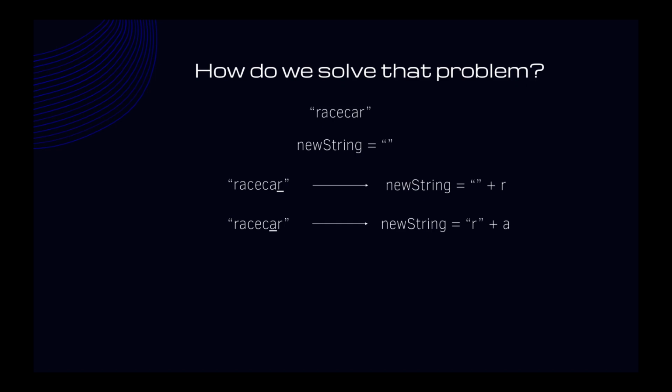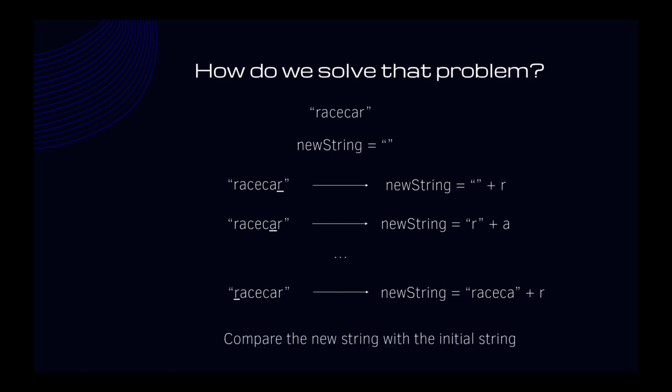So then we have the string AR. We continue doing this until we are at the first character, which is the R, and then we take the results of the previous rounds and just append the last, or in this case, the first character of the input string to the result of the previous rounds. So we then have race car.